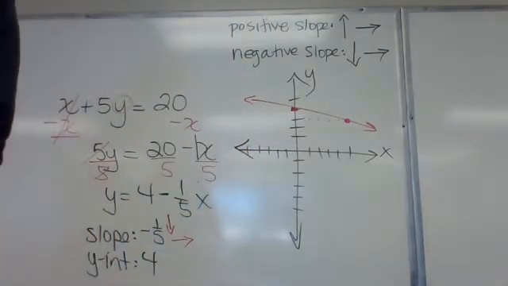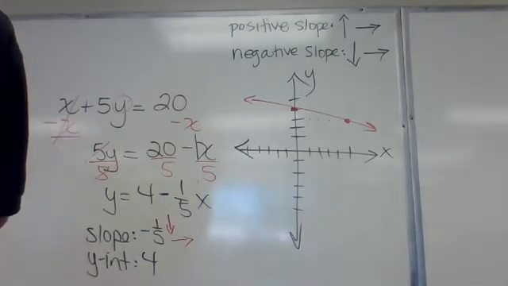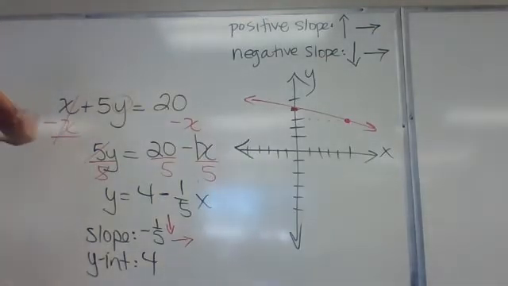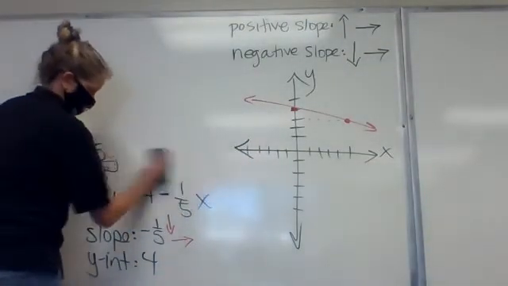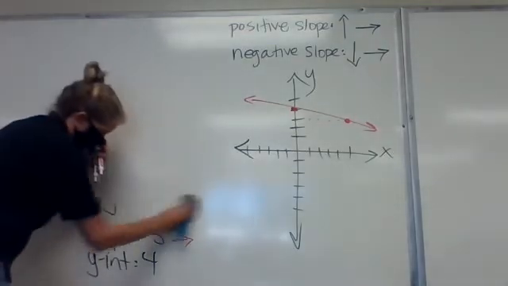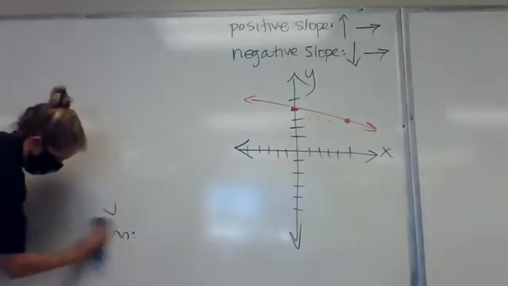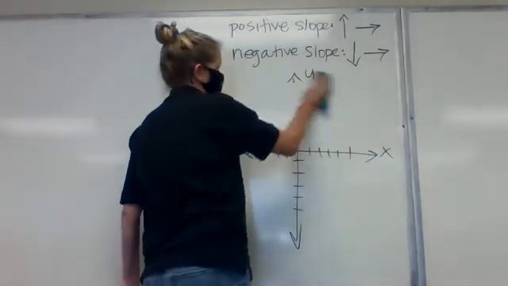And then the last one in this section says graph the line passing through the given point and having the given slope. So it doesn't give us an equation like this, but it does tell us a point to put.